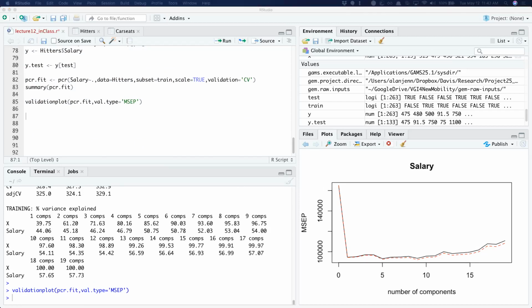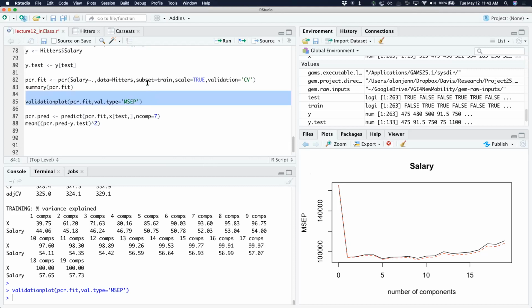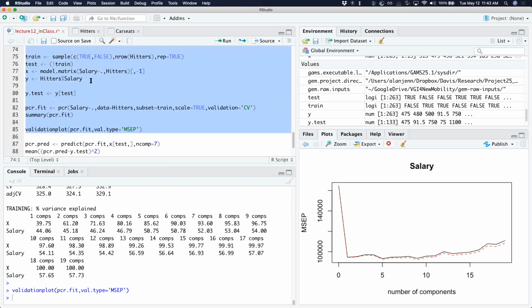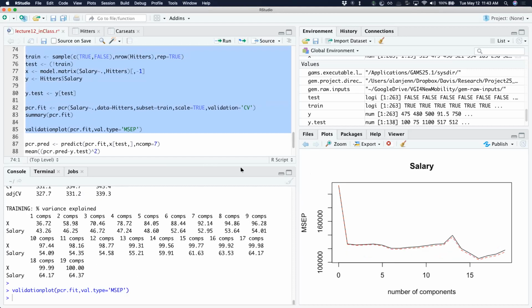You can go in and look at the predictions. So by looking at this plot, I can identify the model with the lowest error. I'm going to run this again just to see.